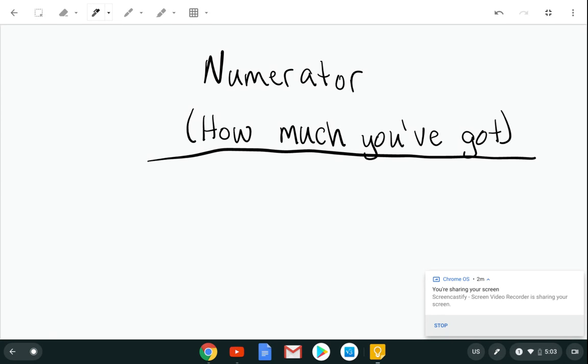And the denominator is the pieces of the lot.